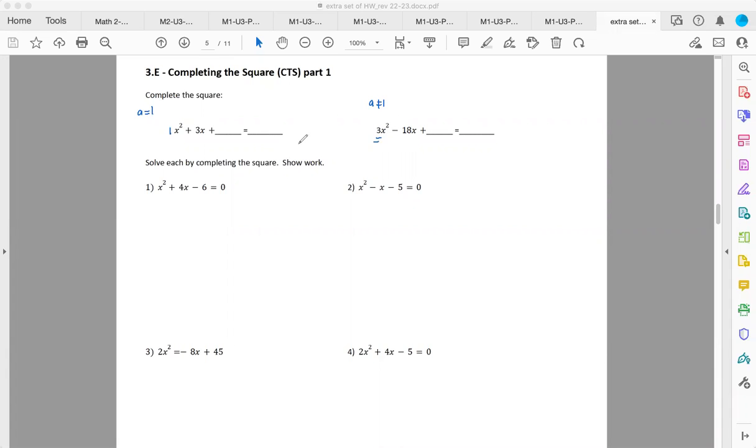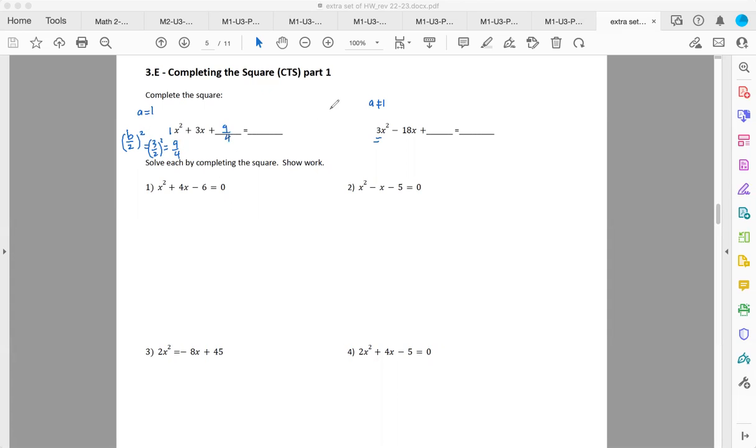To complete the square, when a is equal to 1, you need to find b over 2 and square that number. So b over 2 is, in this case, 3 over 2. And if you square 3 over 2, you get 9 over 4. So 9/4 is the value that completes the square.